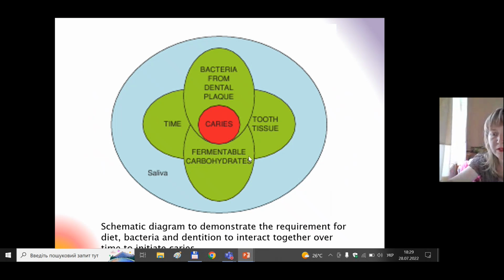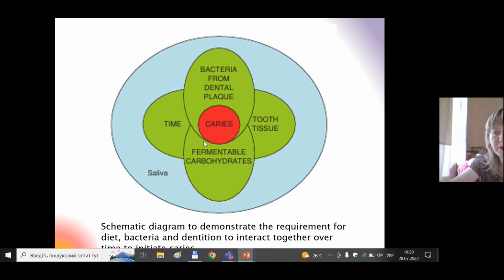The next component that influences development and progression of tooth decay is diet. A diet that is rich in fermentable, easily digestible carbohydrates. Such food as candies, sweets, and chocolate, with numerous and constant intake, will lead to accumulation of plaque on the tooth surfaces.